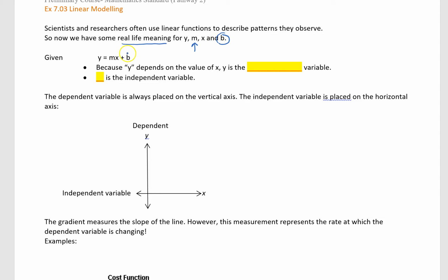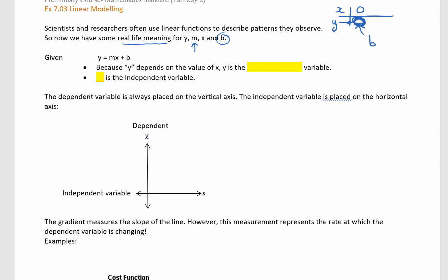In an equation, it's the number without an x term on it. On a graph, it is the point at which the straight line cuts the y, or the vertical axis. And in a table of values, it's always the value under x equal to 0. Whatever this y value is, that is our value for b, or the y-intercept.